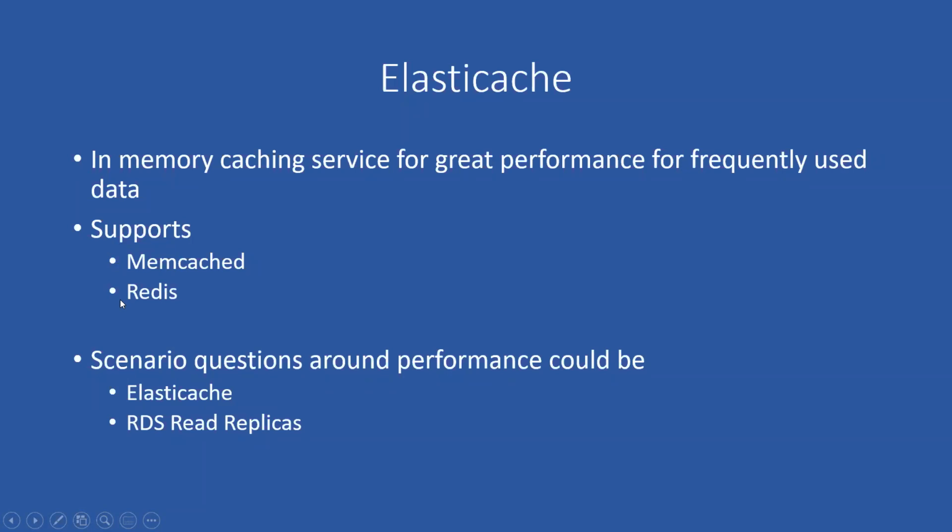So yeah, it's essentially when you're looking for performance, you are going for some frequently accessed data that does not change that often. You are unnecessarily going to the database. Okay, what do you want to do? Well, when you talk about performance, you have to think about RDS read replicas, or Elasticache.